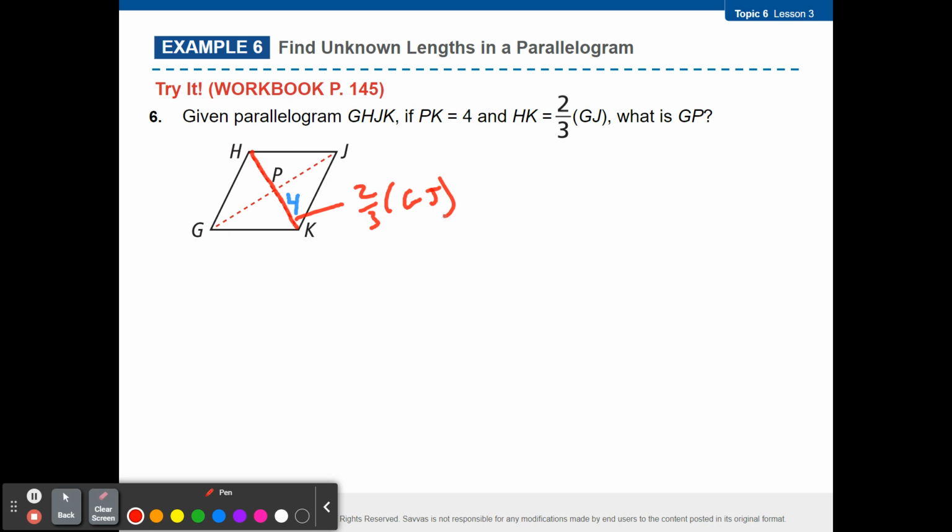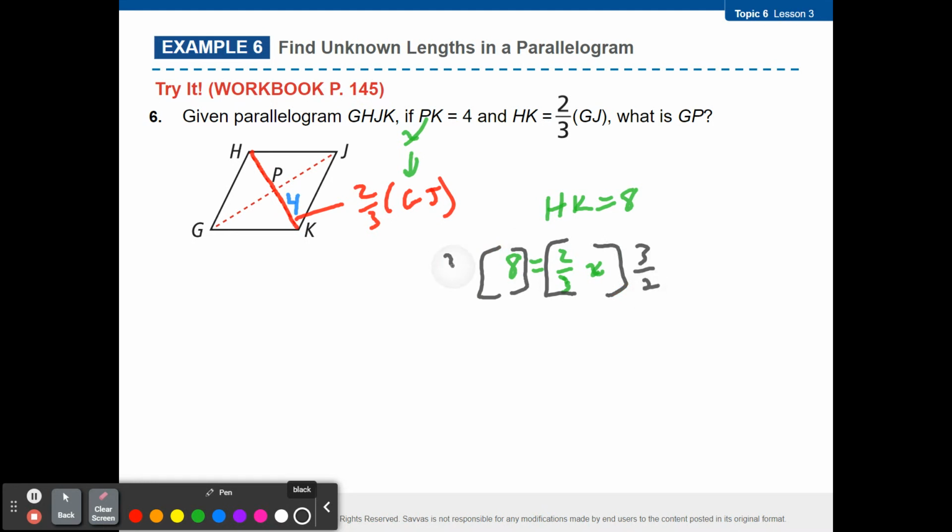All right, do we know GJ? No. So that's going to be my variable, that's going to be my X. But when I solve for this, we know that HK in general is equal to 8. So I'm going to set this up as 8 equals 2/3 X. I am then going to multiply both sides by 3/2.